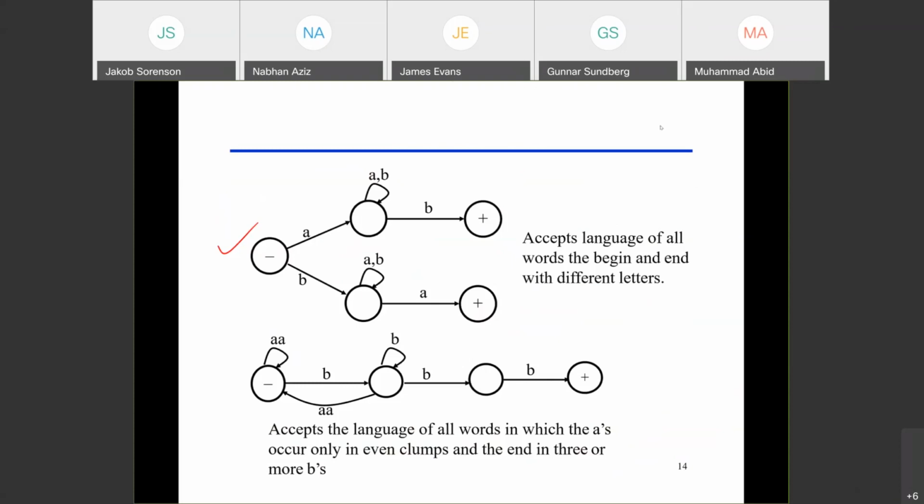Is this a valid FA or not? Nabhan Aziz, is this a valid FA or not? Not a valid FA. You said no. Why? I'm not entirely sure.